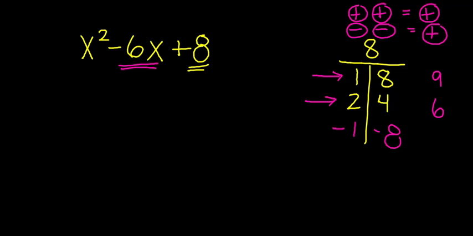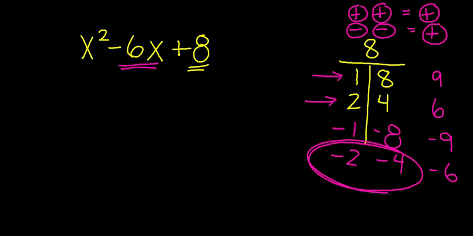And besides the factors 2, 4, we have the factors negative 2, negative 4, because negative 2 times negative 4 gives us a positive 8. And that's very helpful here, because when I add up these factors, I see that we actually get the negative 6 we were looking for. It's right there. The factors are going to be x minus 2 and x minus 4.